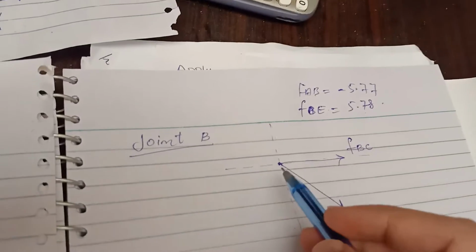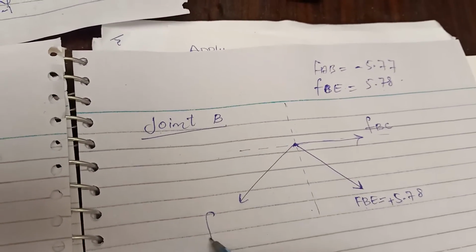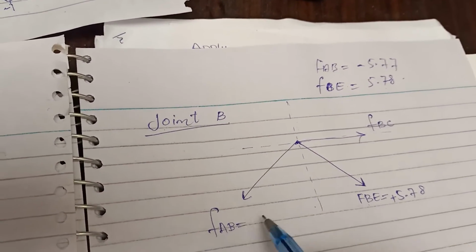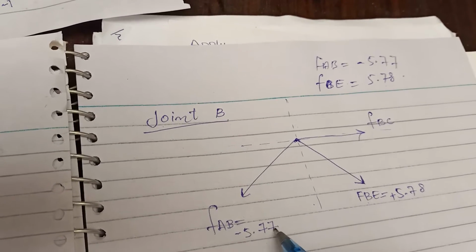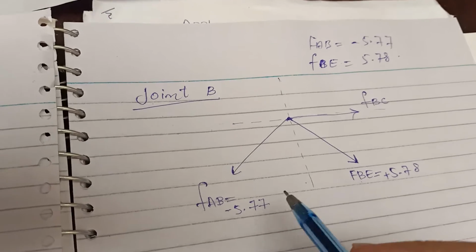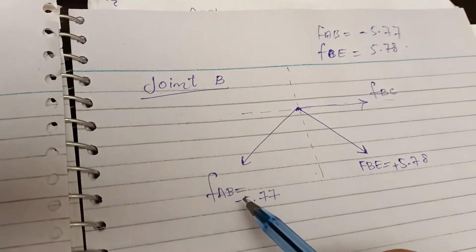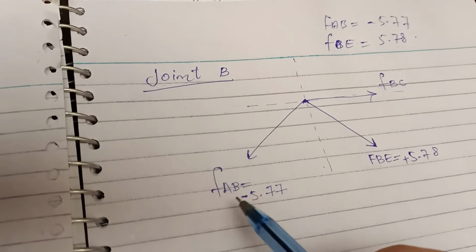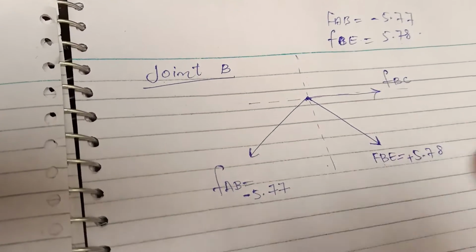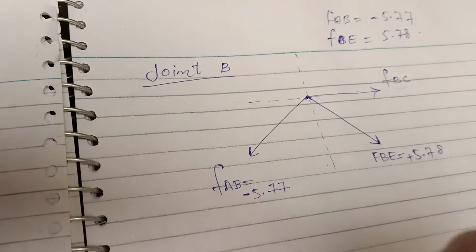The same way is FAB, and the value of FAB is minus 5.78. I have told you that you should always use the sign that we have calculated, and the initial assumption should be away from the joint. Just remember two things.